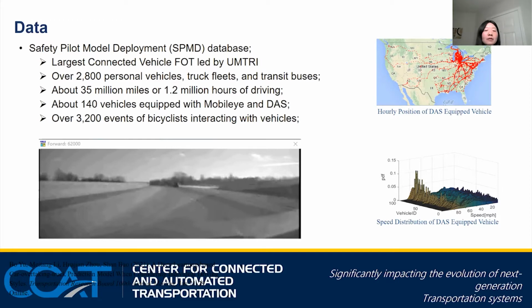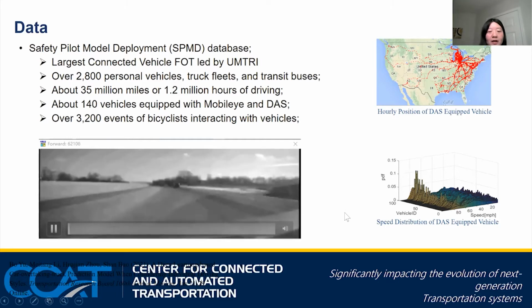All the vehicles have hundreds of data channels recording vehicle kinematics such as speed, acceleration, and yaw rate, as well as different video views: the front view and the driver view.